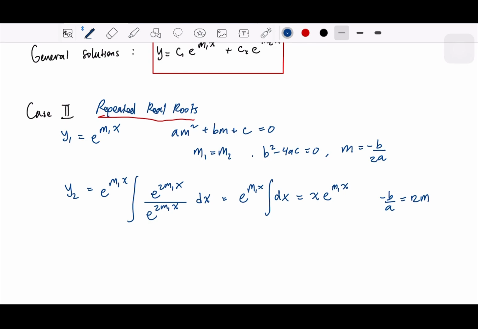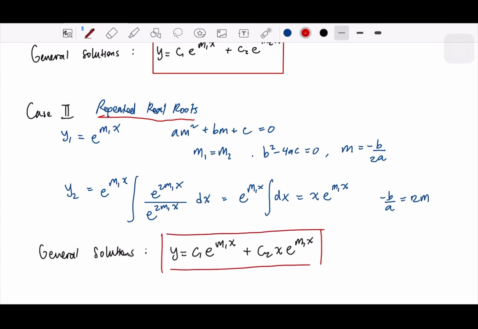So the general solution is y equals C1 e to the m1x plus C2 x e to the m1x.